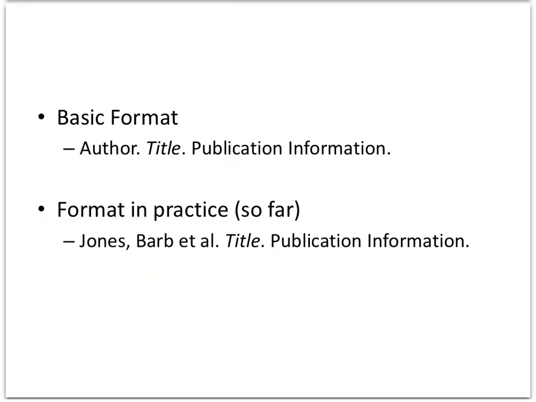So let's look back to our basic format for bibliographic citations. We remember that all bibliographic citations include 3 pieces of information: author, title, publication information. So now we know how to format author names.